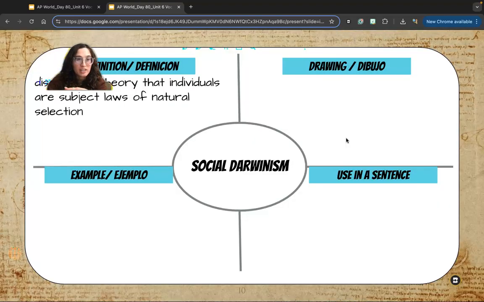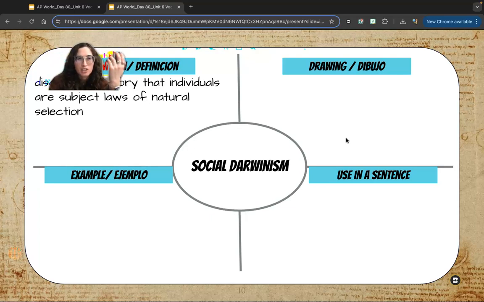One ideology that's very prominent during this time period is called social Darwinism. This is something we've talked about in this class before. Social Darwinism is a discredited theory that individuals are subject to the laws of nature, of natural selection.